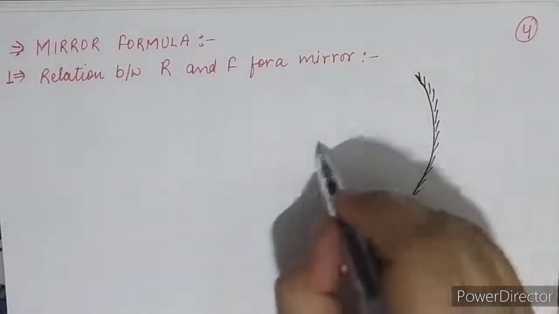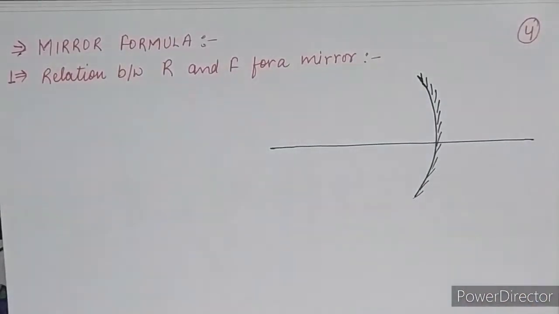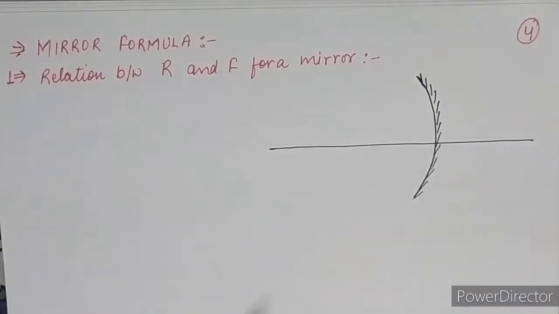Now this is the principal axis. I hope that you have gone through all the ray diagrams. If you have, then this is easy for you. Now we need two rays just to create an image.